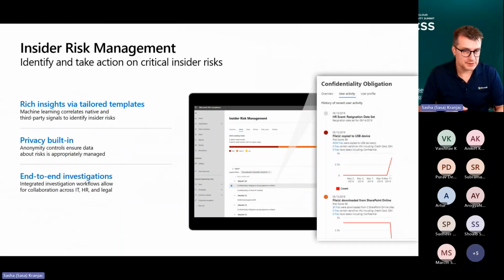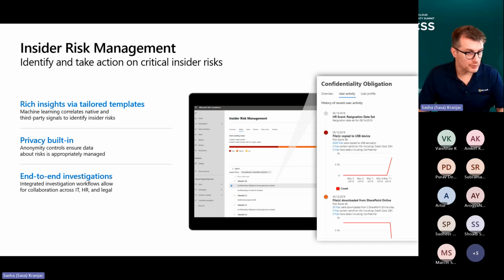Insider risk management, we'll also see in a few environments how it looks live. It leverages the Microsoft Graph and other services to obtain real-time native signals across Office, Windows, and Azure, including file activity, communication, and sentiment about normal user behavior.